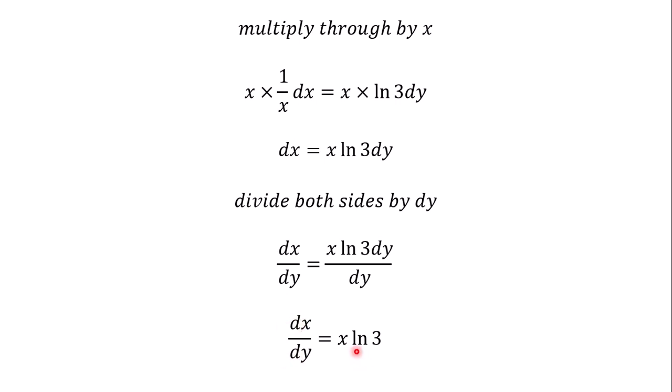Also the denominator of this one is 1, so that one will come up and then x ln3 will come down. To reciprocate, we are going to get dy over dx is equal to 1 over x ln3.